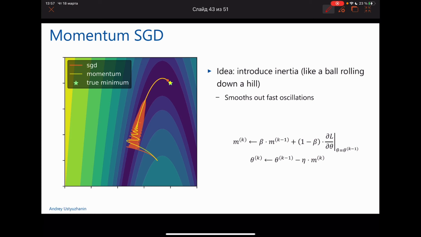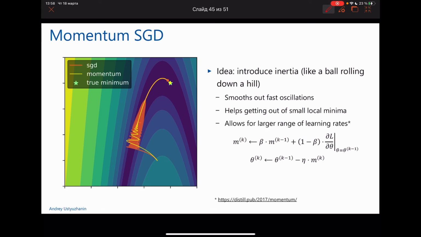If the ball falls down like this, it would produce much smoother trajectories. Also, it will not get stuck in some unneeded, unphysical local minima.